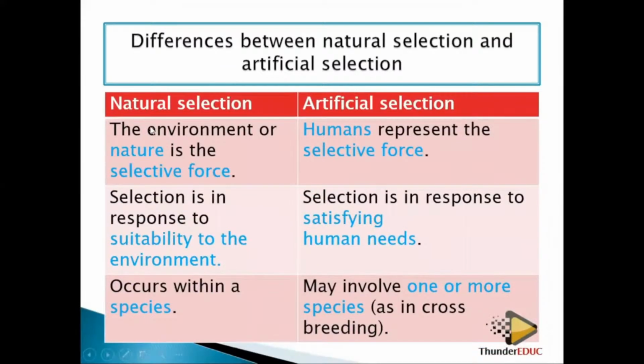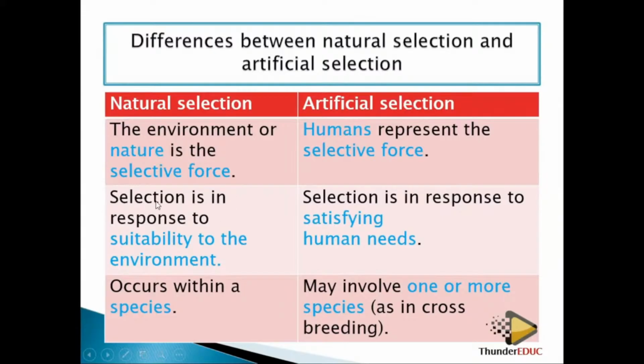So we have seen that natural selection occurs in the environment. So the environment or nature is the selective force, while in artificial selection, humans select. So human is the selective force. Here the environment selects which one is the best suited, while here it is the human, like desirable characteristics.